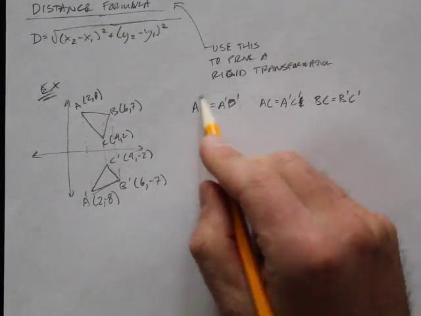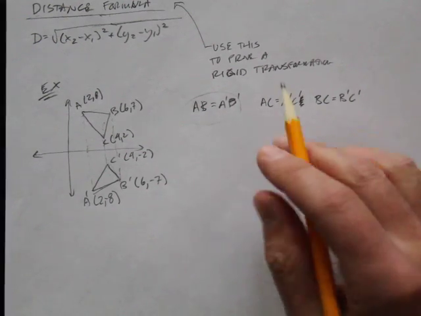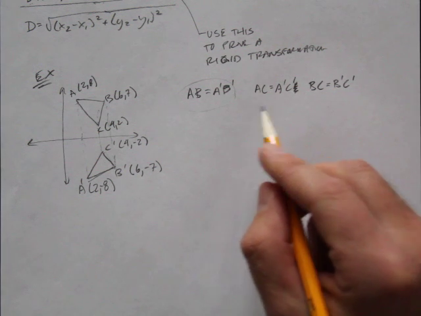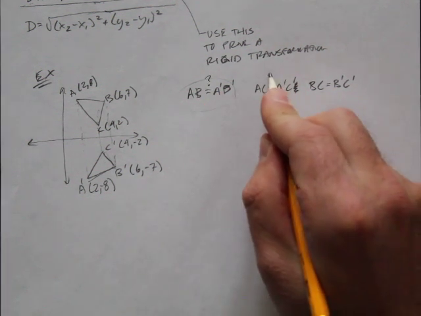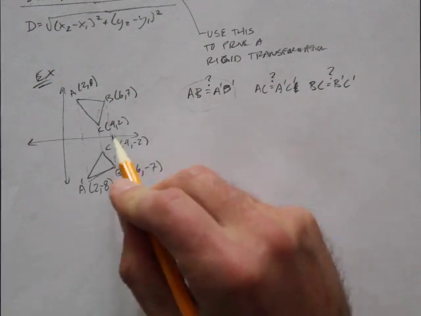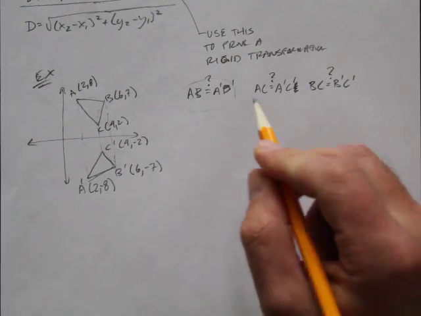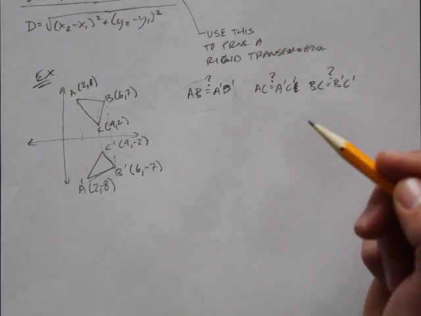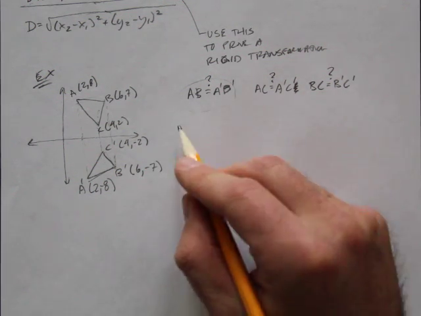Let's just look at one, just for time, we don't need a huge long video. If all three of these equations are true, then you do have a rigid transformation. If they're not, then you don't. One side is too short, or too long, whatever.